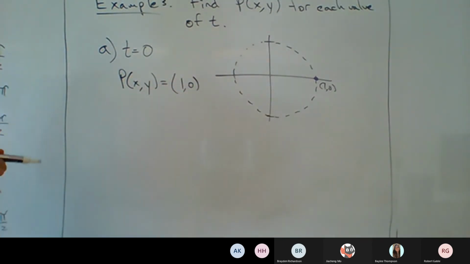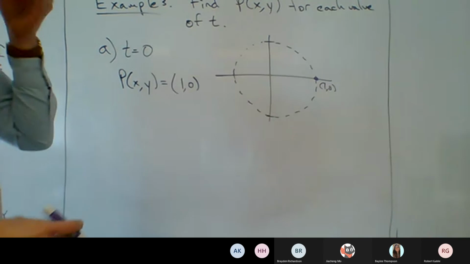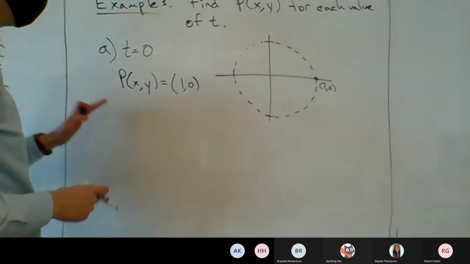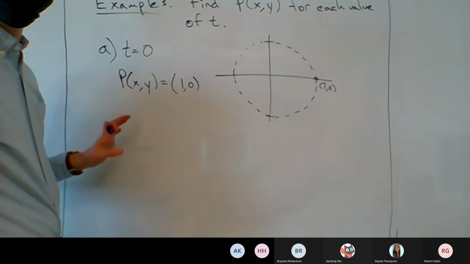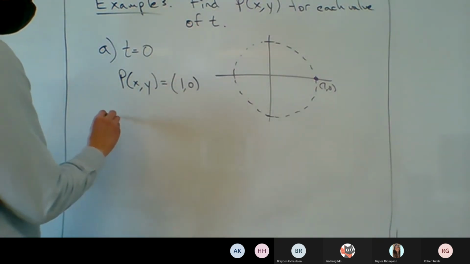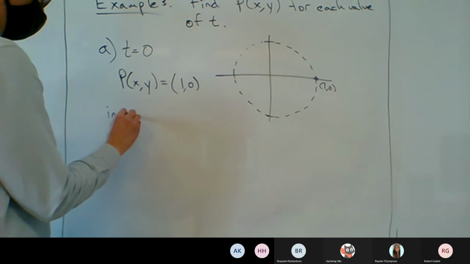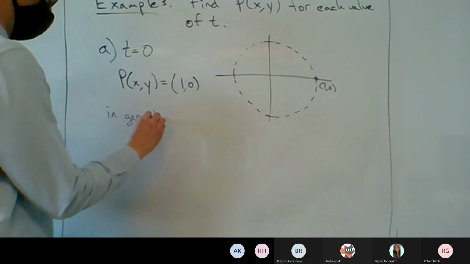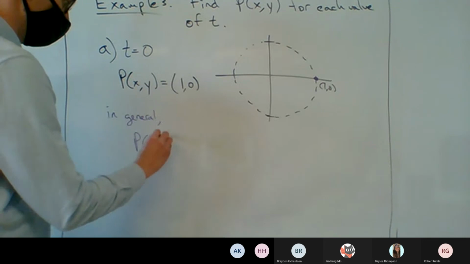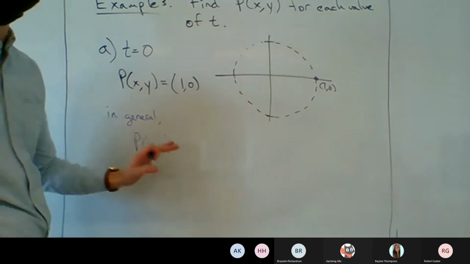By the way, I'm going to kind of give it all away here. We already know how to do this with our trig functions. We can say, in general, P of xy, now this is on the unit circle, okay?